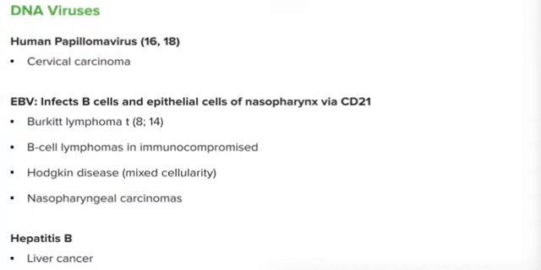Developing countries. 85% of the time, if you are in the transformation zone, the virus has the choice of either becoming an adenocarcinoma or a squamous cell cancer. 85% of the time, what is it going to choose? Squamous.